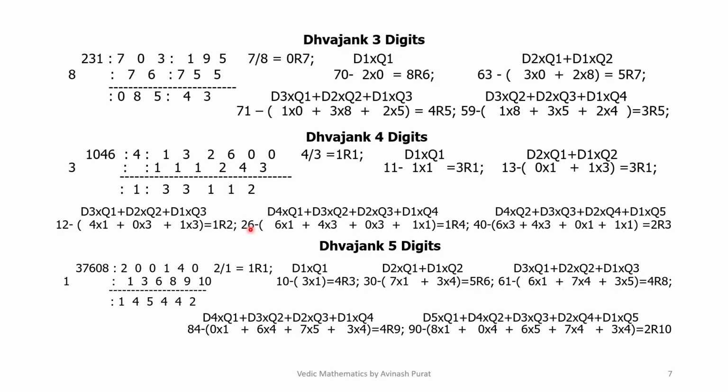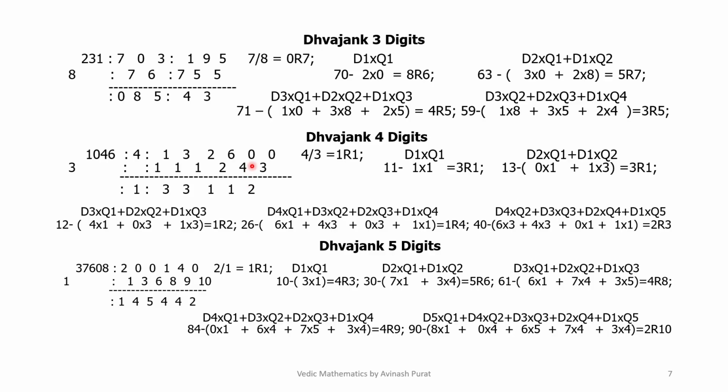So 26 is next dividend minus D4 into Q1, D3 into Q2, D2 into Q3 and D1 into Q4. So 26 minus 6 into 1 plus 4 into 3 plus 0 into 3 plus 1 into 1, that gives you 1 as quotient and remainder is 4.